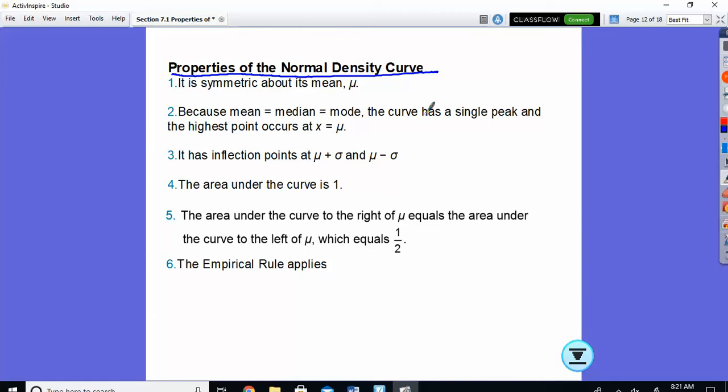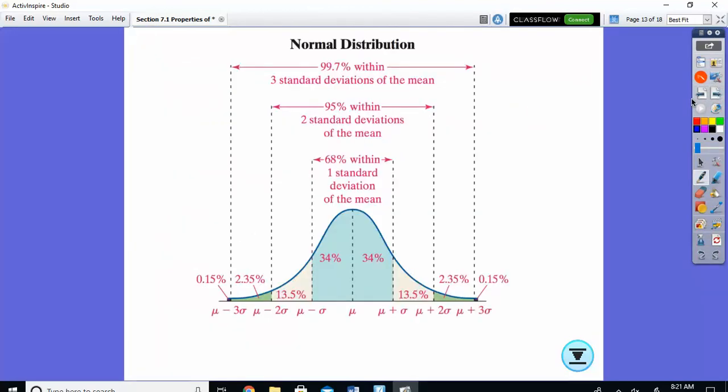Just like any other probability, area under the curve has to be 1. The area under each side, since it's symmetric, that means half the data is below the mean and half the data would be above the mean. And finally, if it's bell-shaped, we could use the empirical rule. So remember on your formula sheet it tells you, and I put the empirical rule back on here in case you'd forgotten.